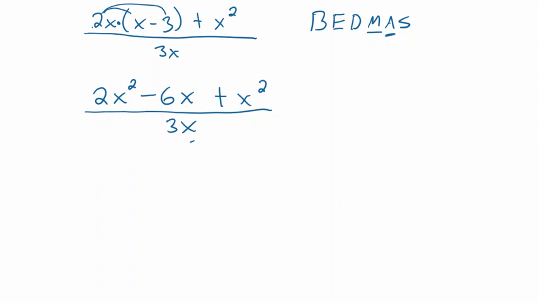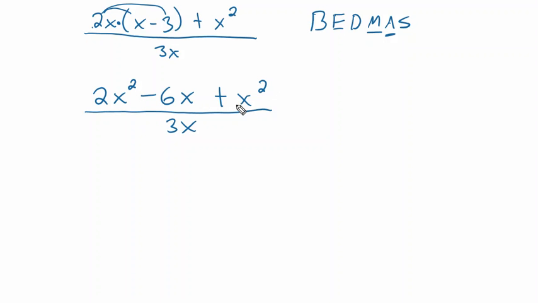Okay. Now, at this point you could simplify everything, but it wouldn't actually work out that nice, right? Like if I try to divide 2 by 3, it's going to give me a fraction, and it's going to get kind of messy. What I would really recommend doing is simplifying the top first, or adding that last polynomial, right? So if we do that, we're looking at our x squared terms, right?